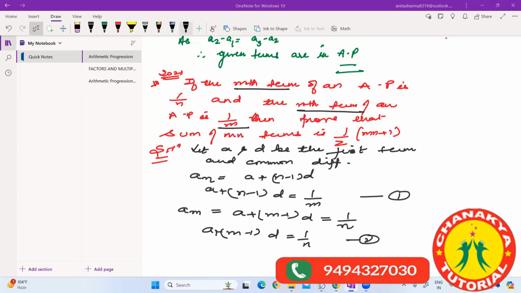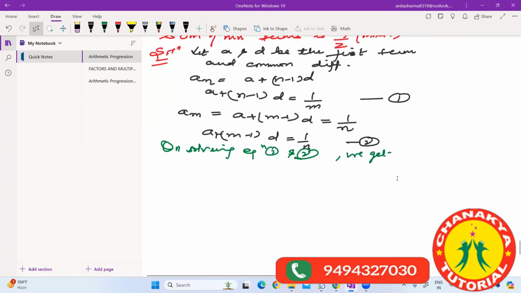So you will write, on solving equation 1 and 2, we get. So elimination method we can use here. It will be easy for you. See, A plus n minus 1 into D is equal to 1 upon m, and A plus m minus 1 into D is equal to 1 upon n.